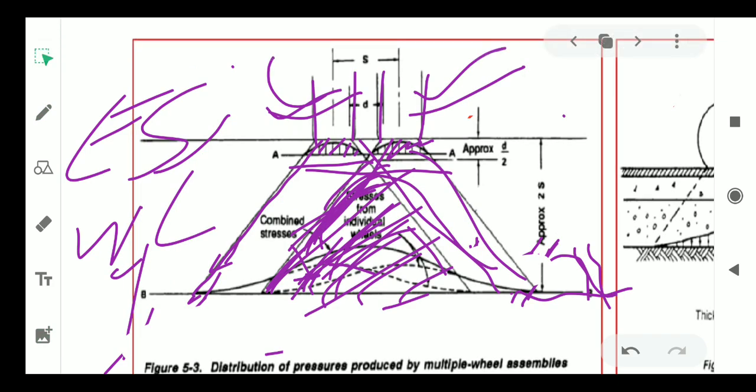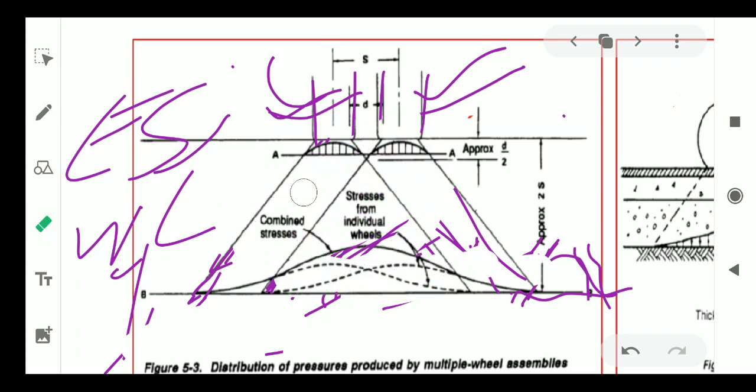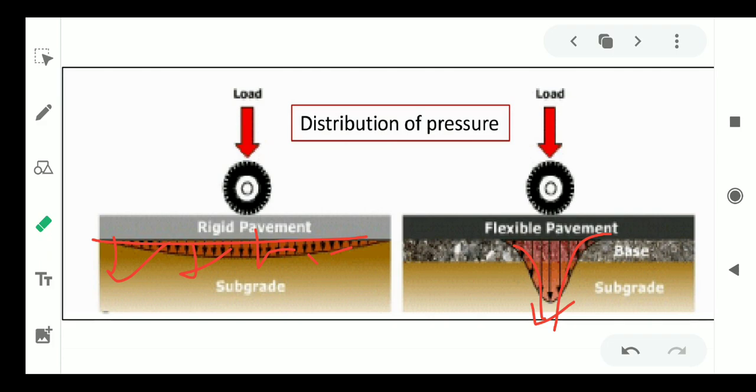So next one, here is also a picture of load distribution. First one, rigid pavement.